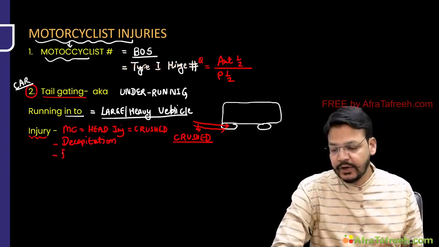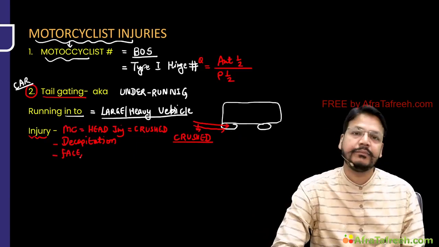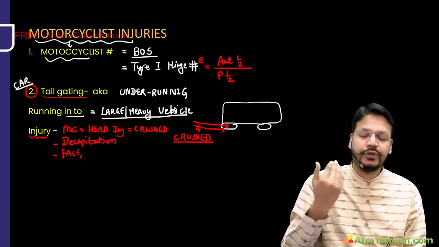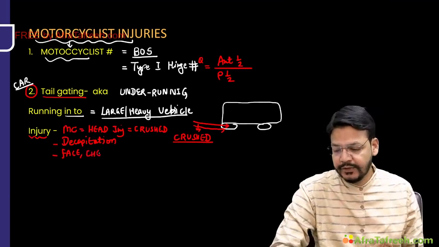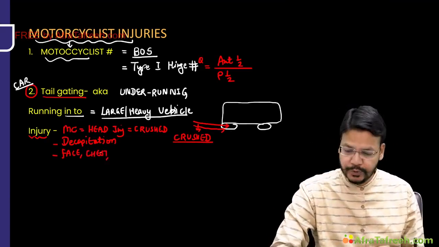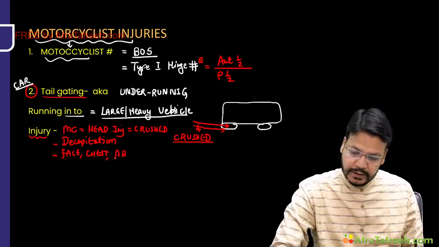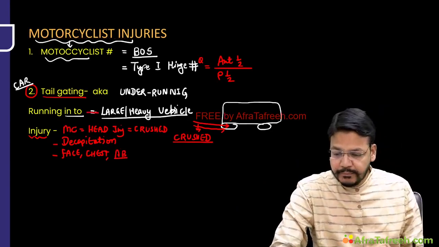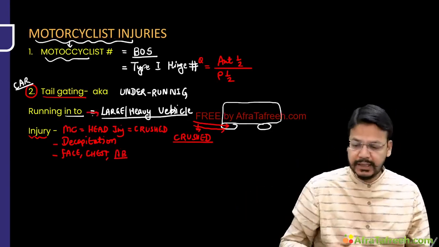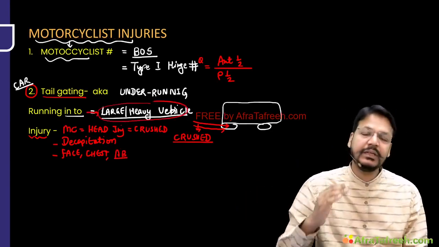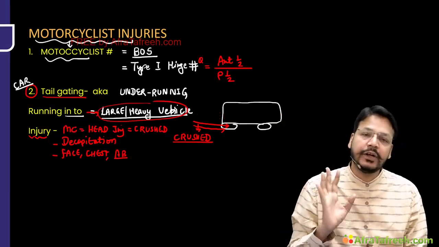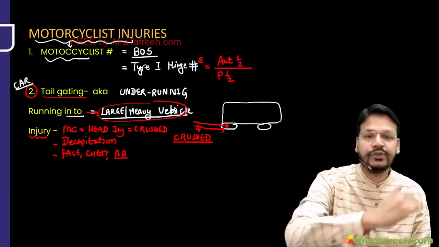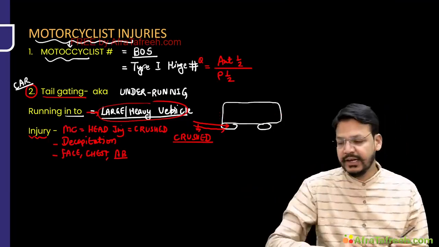It can lead to injury of the face, the front part of the body, chest trauma, and abdomen. These are the crushing injuries where you are running behind a large or heavy vehicle. This is known as tailgating, or underrunning injuries. With a large or heavy vehicle, you will get crushed underneath. This is known as tailgating.